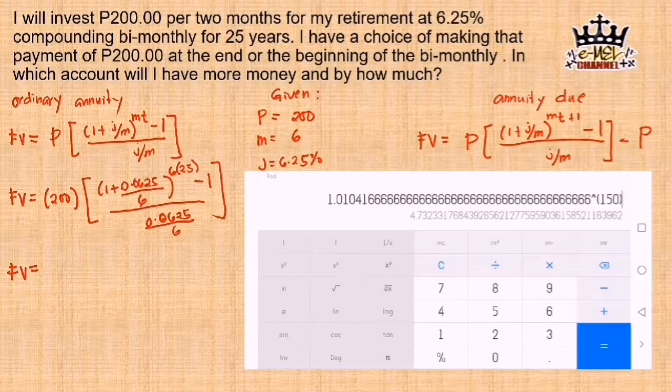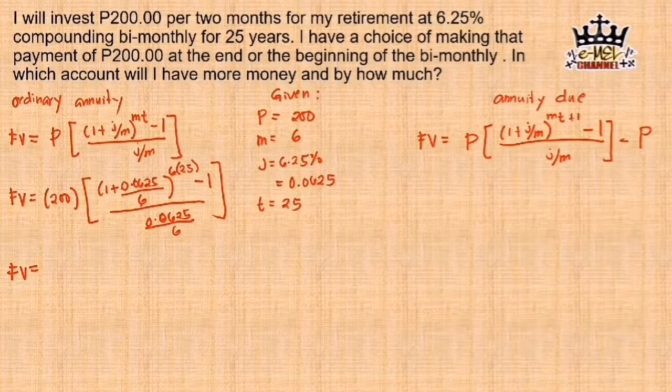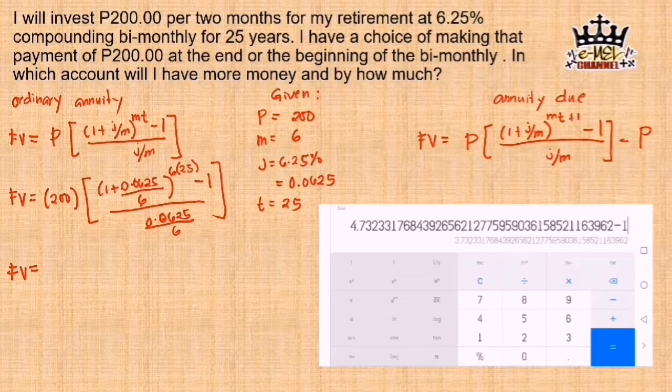Raise it to the power, pressing the x to the y key on your cell phone. We know that 6 times 25 is 150. The answer is 4.7323317 and so on. Do not round it off yet. Retain the answer, then subtract 1. We now have 3.7323317684 and so on.